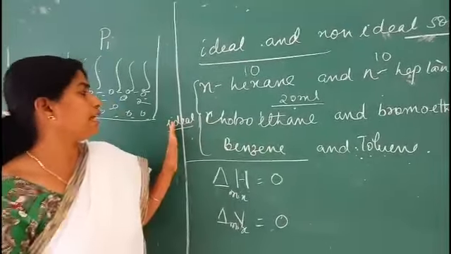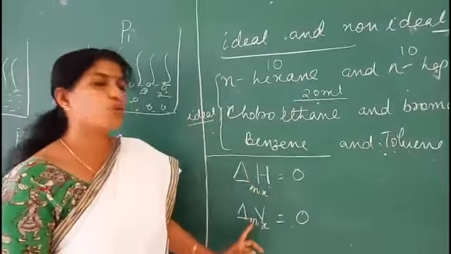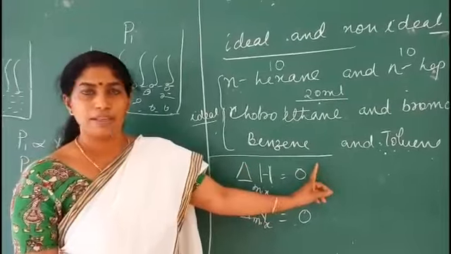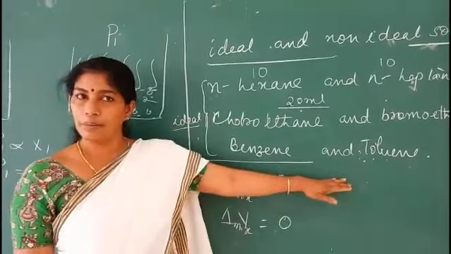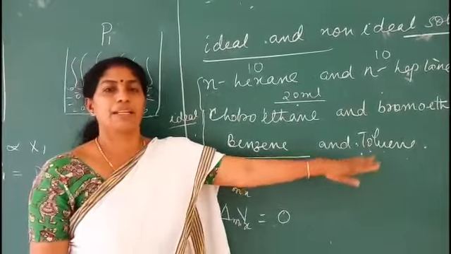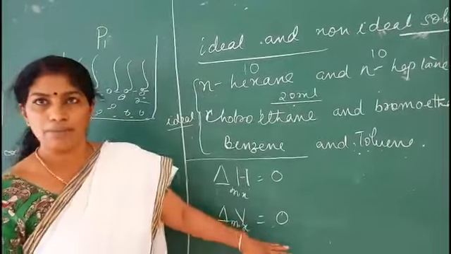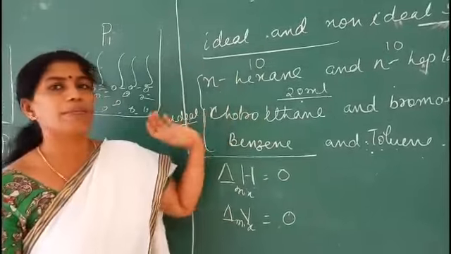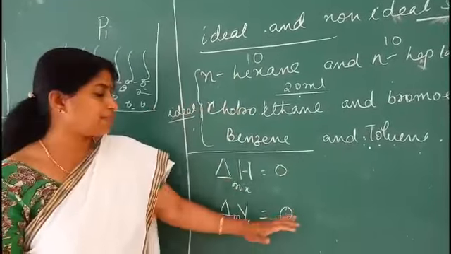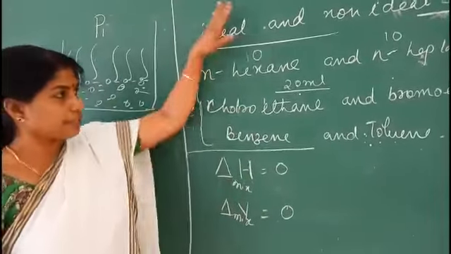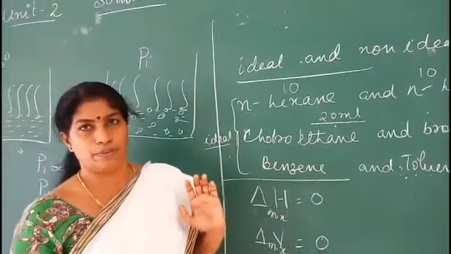If a solution is an ideal solution, it will follow these two conditions. Delta H mix will be 0, that means no energy will be liberated and the temperature will remain the same. And delta V mix is 0, so the volume before mixing and after mixing will be the same. So this is about ideal solution.